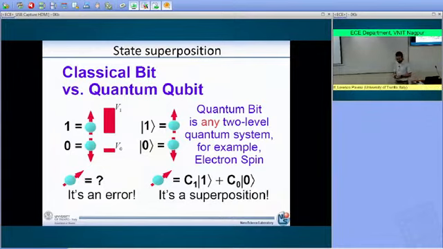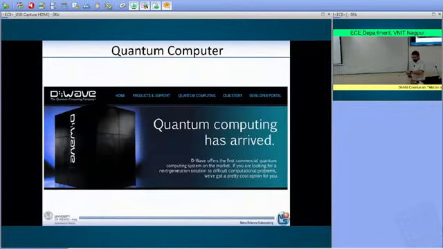Okay? So this is the concept of the qubit. Based on that, people have developed quantum computing, and there was a big excitement about it. This is the announcement of a Canadian company that is selling quantum computers. It's called D-Wave, and this is the quantum computer of D-Wave. If you want to do quantum computation, you can do it on this computer because they provide it in the cloud.